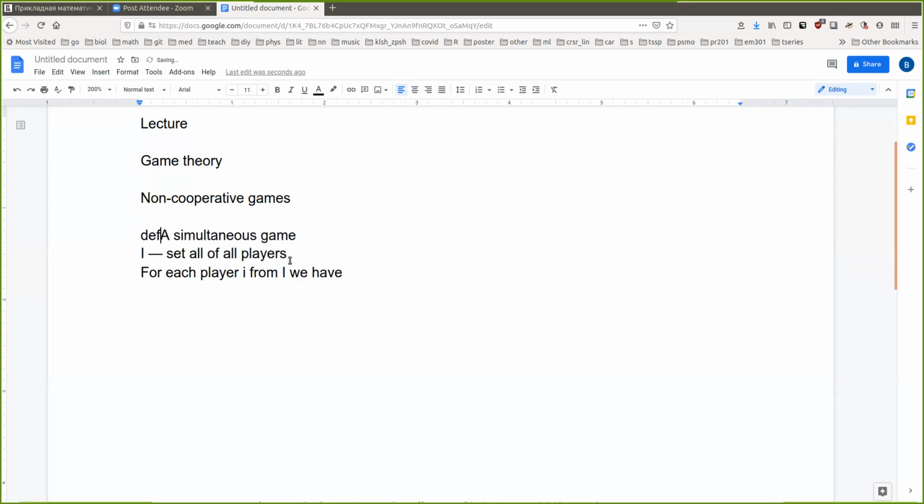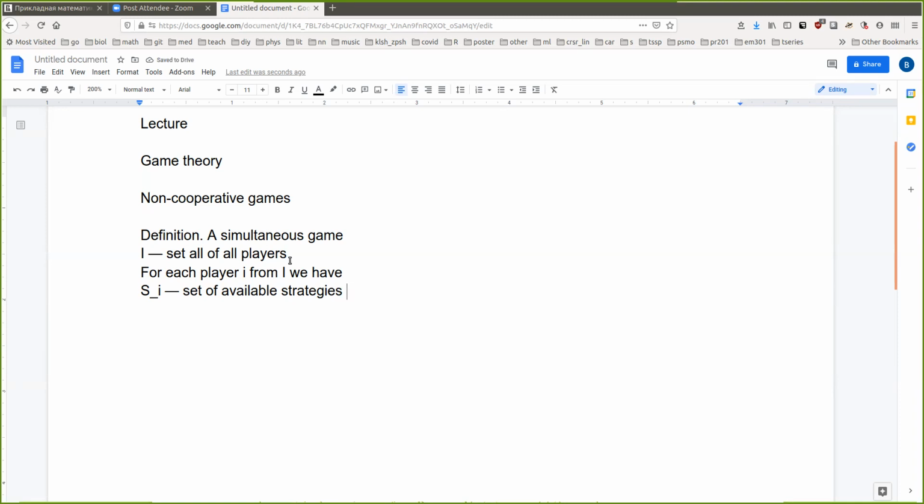Well, that's a definition. A simultaneous game is a set of all players. For each player I from the set of all players, we should have the set of possible strategies, the set of available strategies or moves in a simultaneous game.